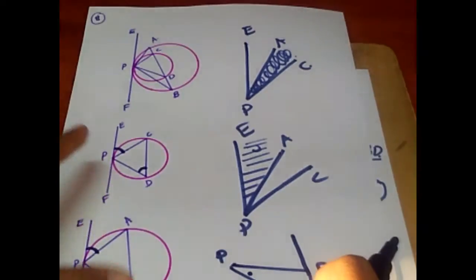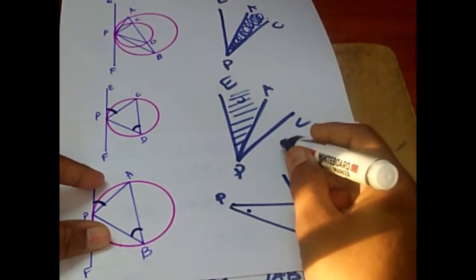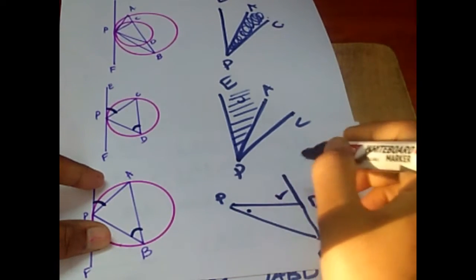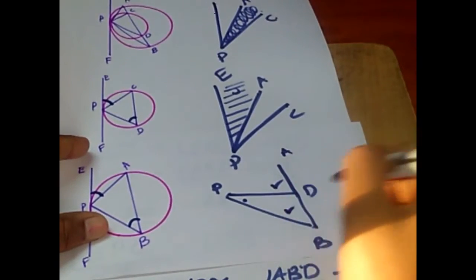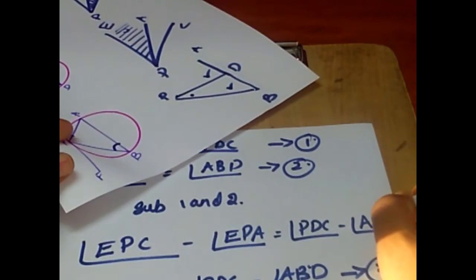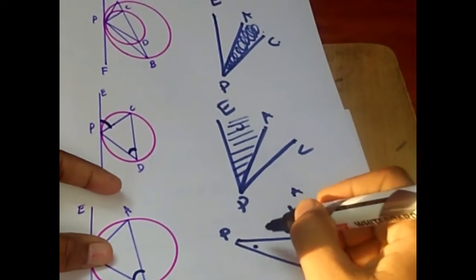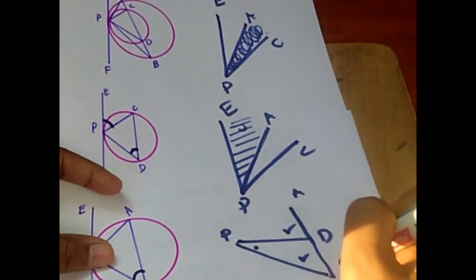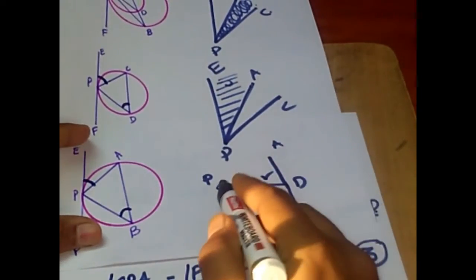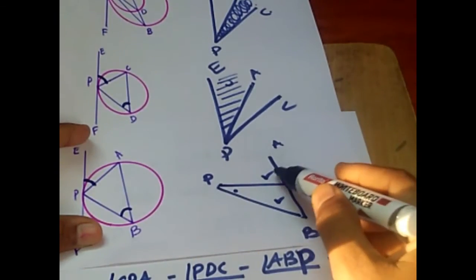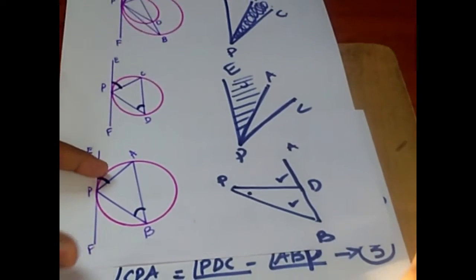But instead of that, I have angle PDC, this angle, and angle ABP, this angle. I have these two angles. Is it possible to write angle DPB in terms of these two? Children, observe the diagram. Can you write this angle P in terms of these two?